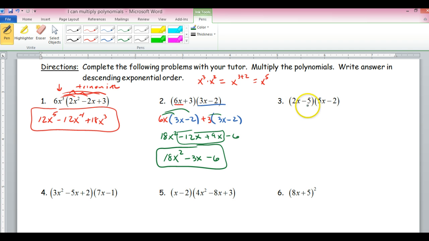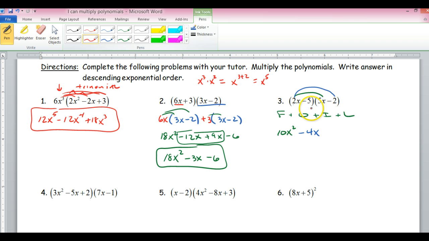Now some teachers will teach what they call FOIL, which is the first plus the outer plus the inner plus the last. If you take the first terms and multiply them together, 2x times 5x will give you 10x squared. Then your two outer terms, 2x and negative 2, multiply to give you negative 4x.